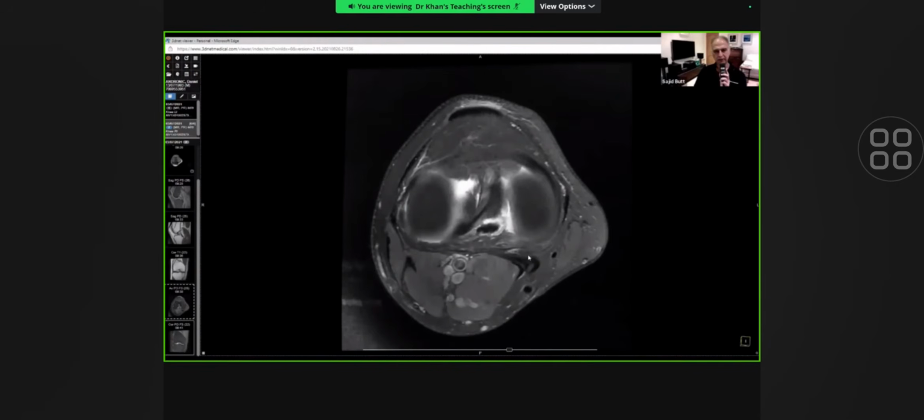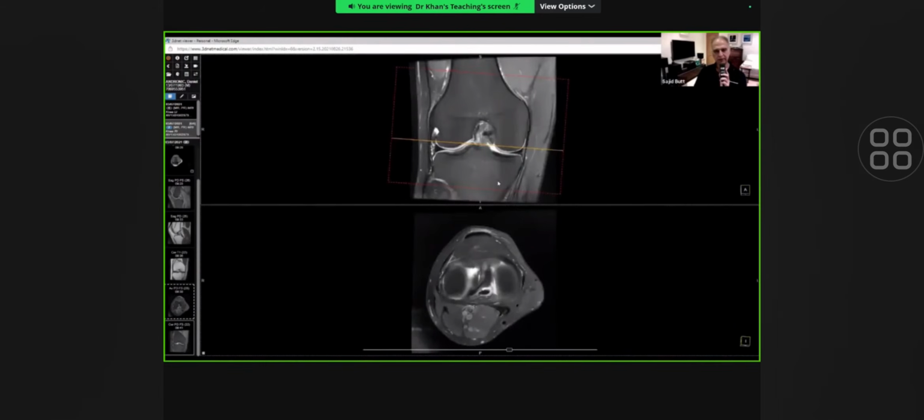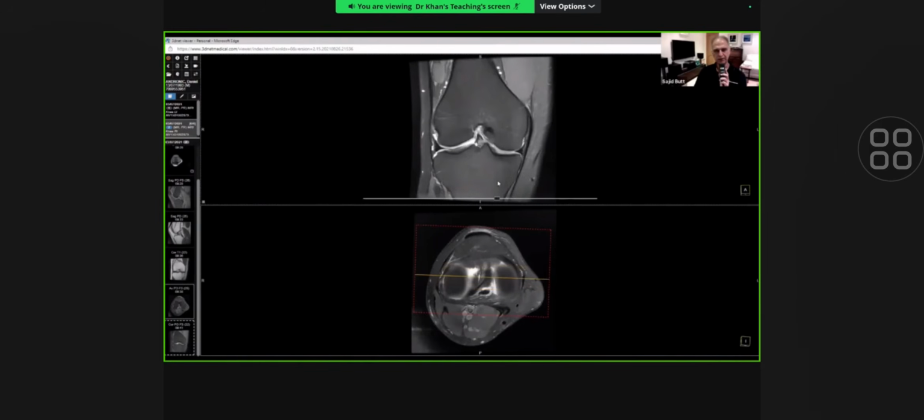The way you can tell the difference between this as being a normal variant versus a bucket handle fragment is, with a bucket handle fragment, you have to have an attenuation of the meniscus. There's no attenuation here. The meniscus is well formed.